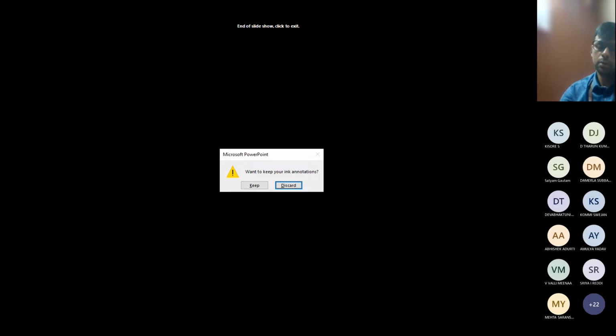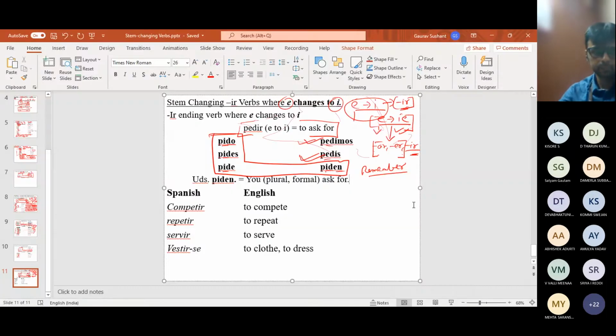Excuse me, sir, I had a doubt. Yeah, tell me. Are there more stem changing verbs which are not mentioned in your slide, or are these the only ones? No, no, there are more. Then, sir, how will we differentiate in the exam if some stem changing verb comes? Then you have to know. That is the only way. That is how I have learned. In the exam, remember the ones in the slide.